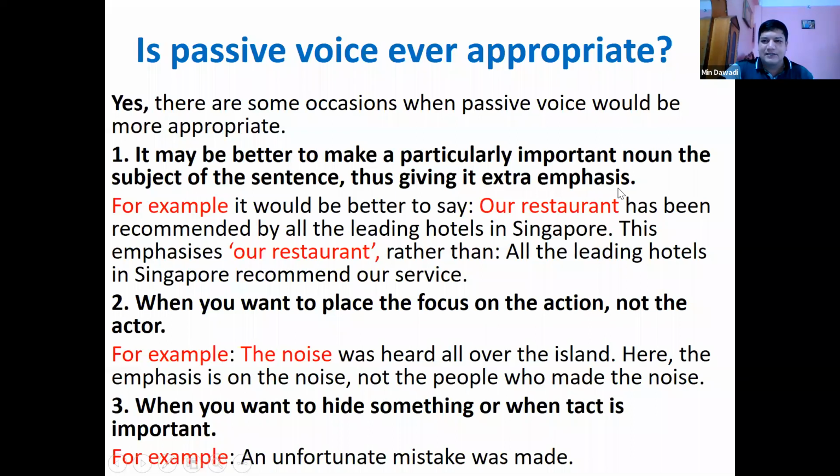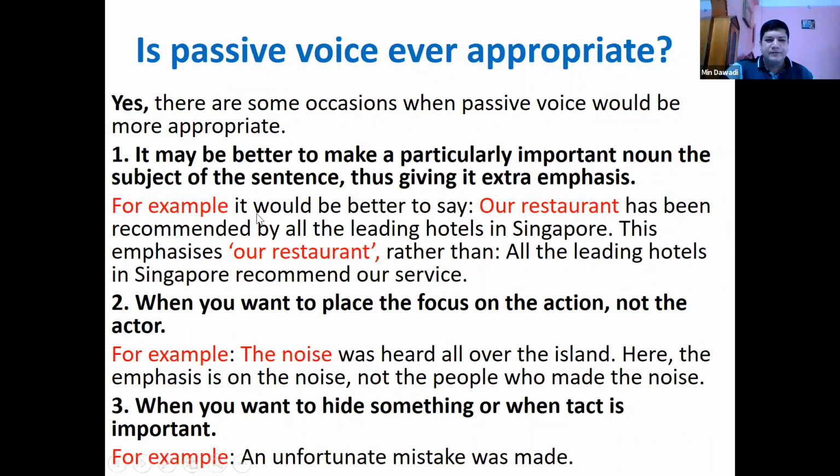Try to understand this situation. त्यो सेन्टेन्समा भएको कुनै इम्पोर्टेन्ट नाउनलाई हामीले फोकस गर्नुपर्ने छ, एम्फसाइज गर्नुपर्ने छ भने हामीले त्यसलाई एम्फसाइज गर्नलाई अगाडि फोरग्राउन्ड, त्यसलाई सब्जेक्ट बनाउनु पर्ने हुन सक्छ. ओके त्यसलाई फोरग्राउन्डिङ भन्छ, त्यसलाई फोकस गर्ने that time.